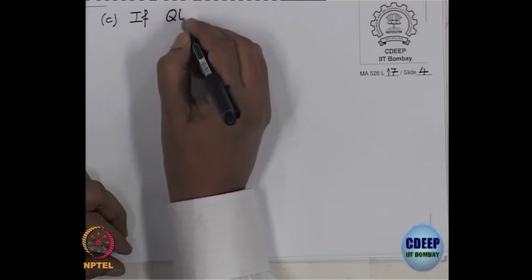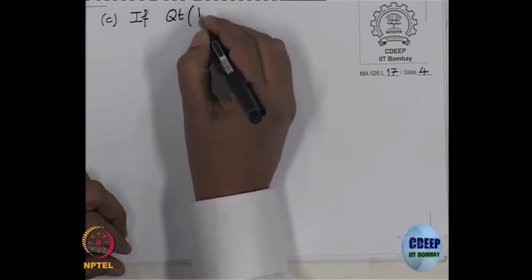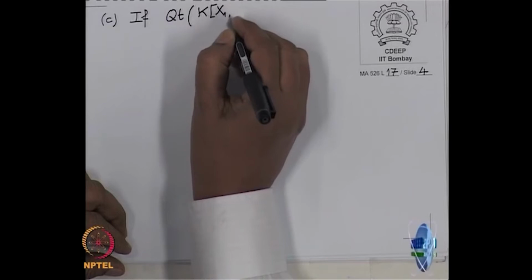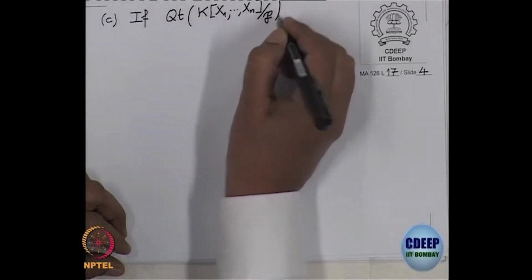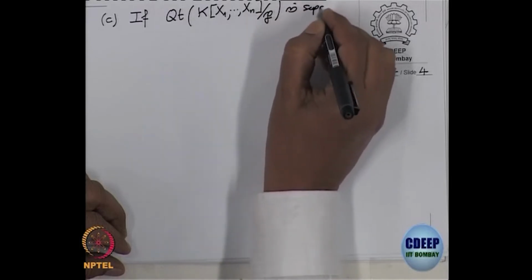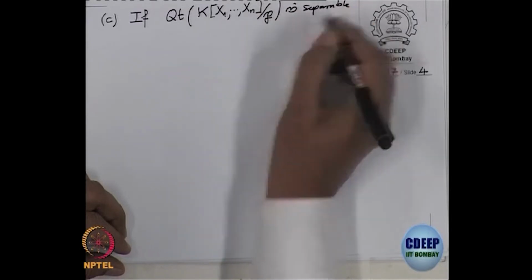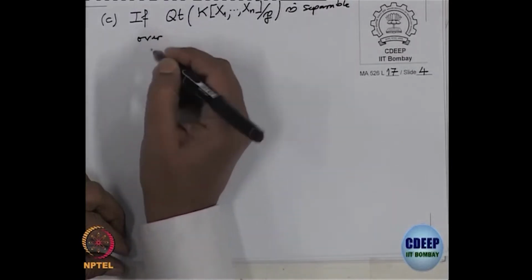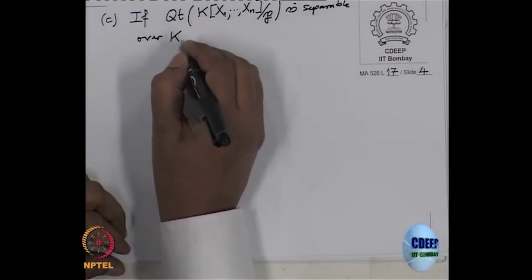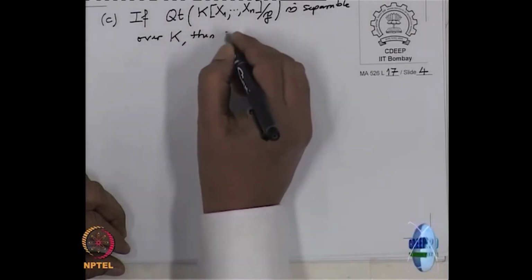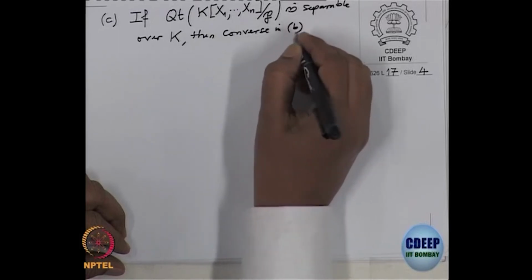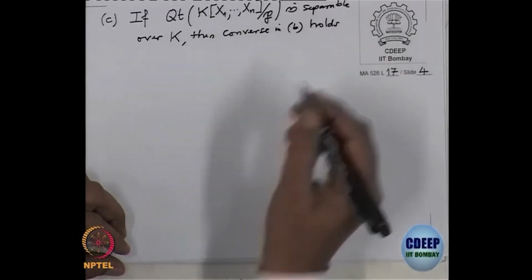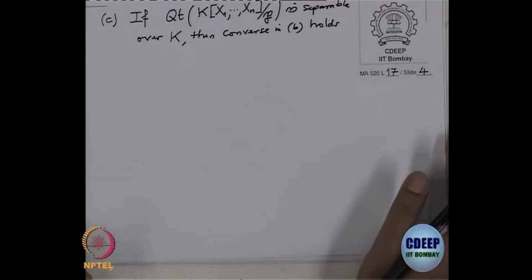If the quotient field of this ring K[x1 to xn] mod P is separable over K, then the converse in B holds.